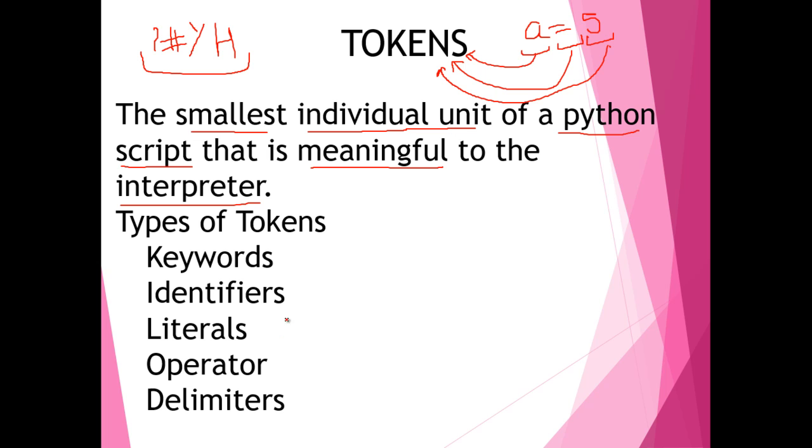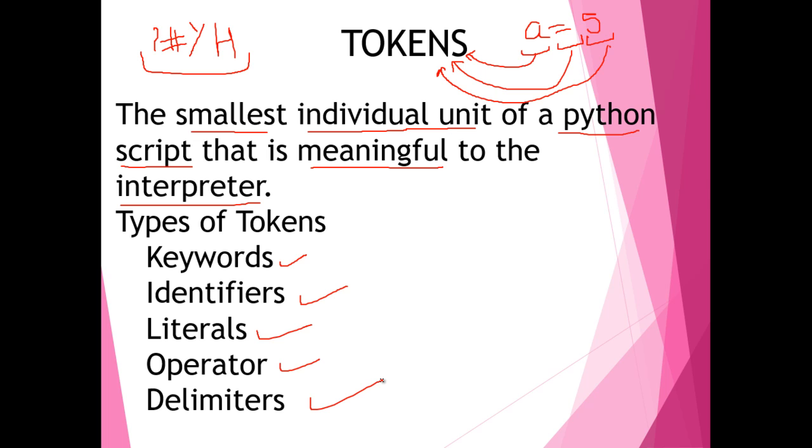The first is keywords, the second is identifiers, the third is literals, the fourth is operators, and the fifth is delimiters. Now let us understand each token type one by one.